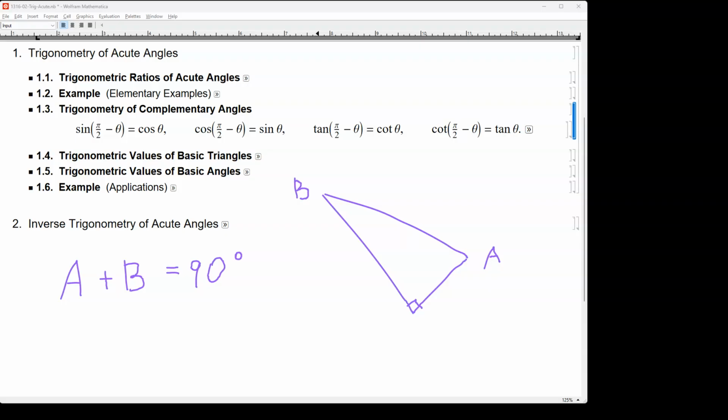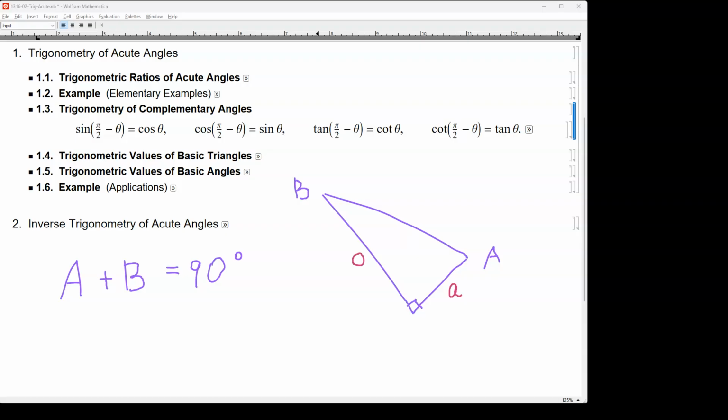And in that case, let's make another important observation. Adjacent of A becomes opposite of B. Opposite of A is adjacent of B. So opposite and adjacent flip-flop.